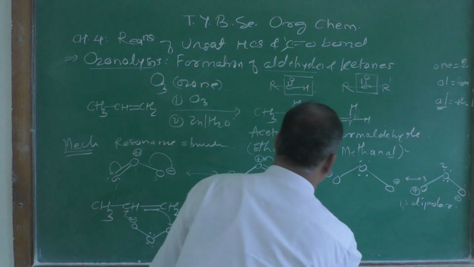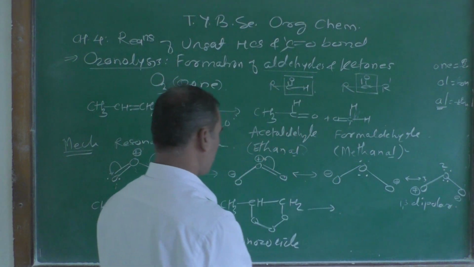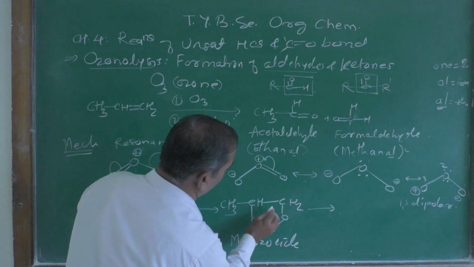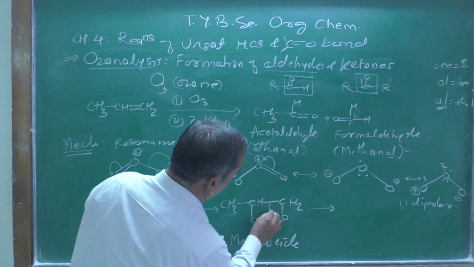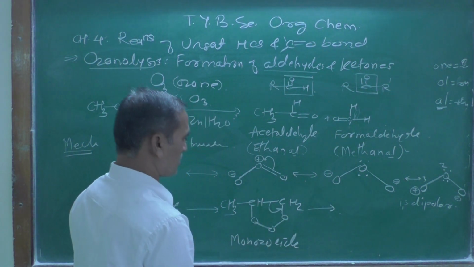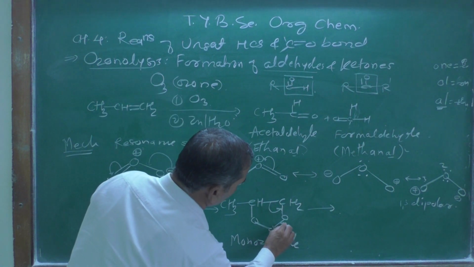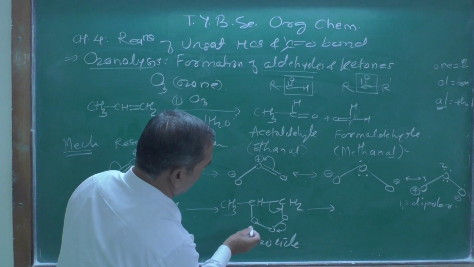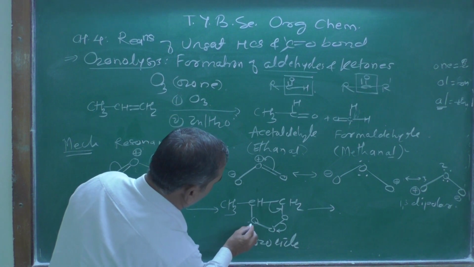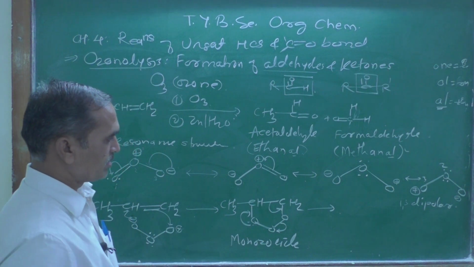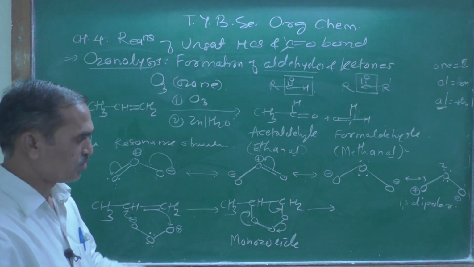Now this unstable species tries to break, and this double bond is going to break over here. This is going to form a double bond over here, then this is going to break over here, and this lone pair forms a double bond here. Look at how I am showing the arrows.